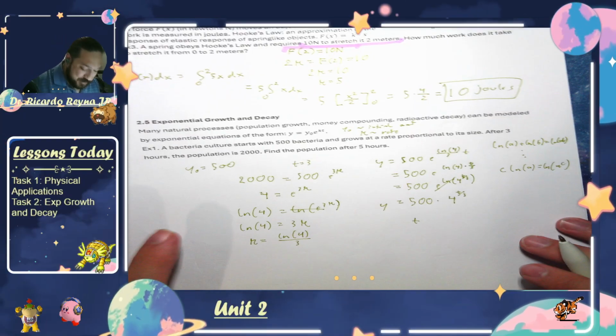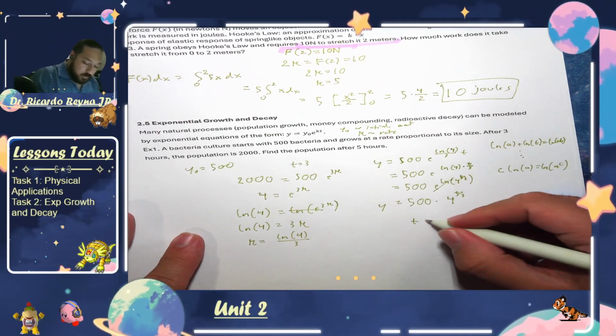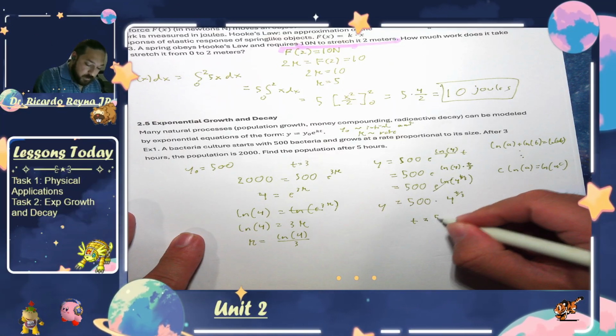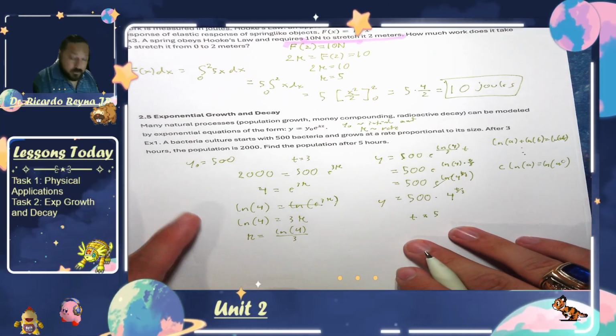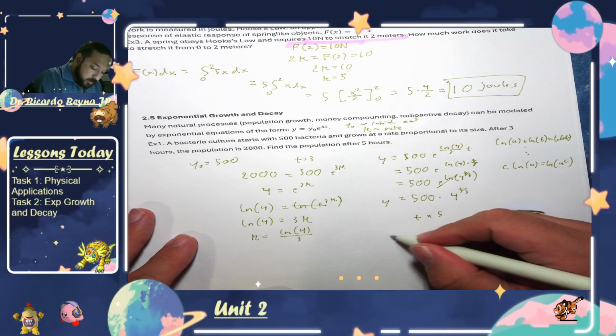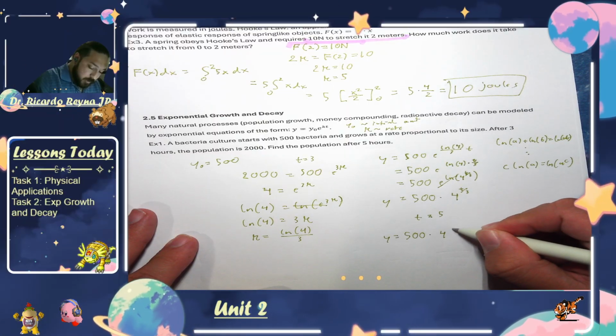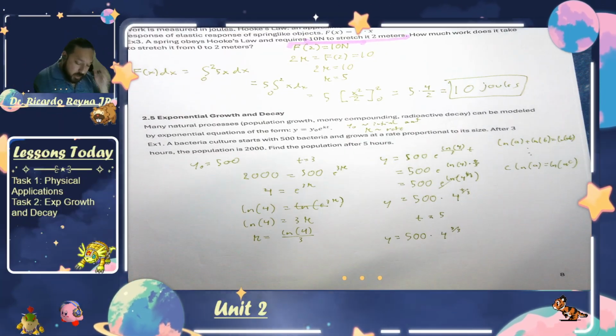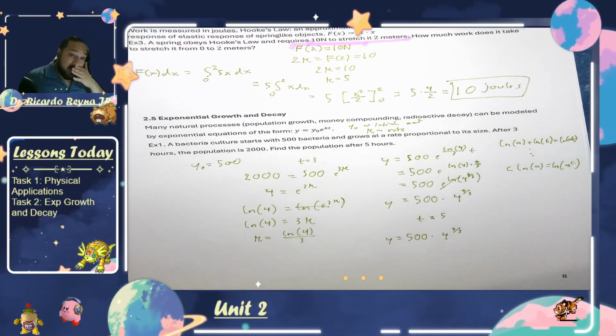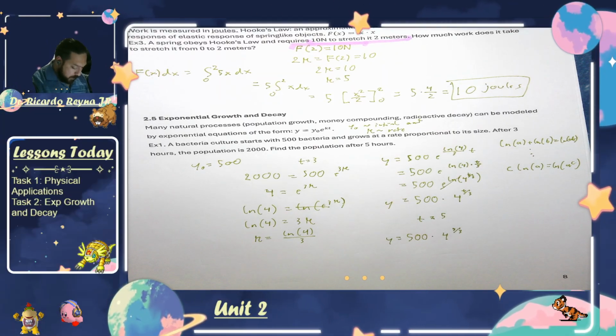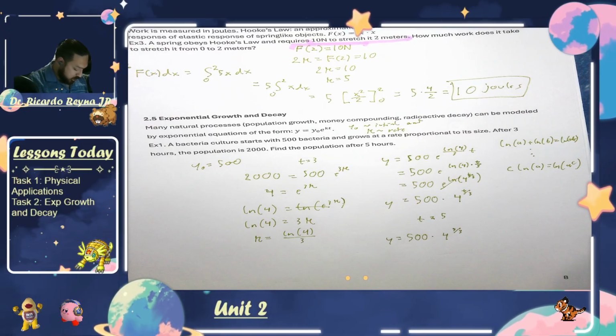Sorry about that. So we're gonna go ahead and solve for this when t is 5. So when t is 5, we're gonna plug this in to be 500 times 4 to the power of 5 over 3. Now that really doesn't have an automatic simplification, I believe.